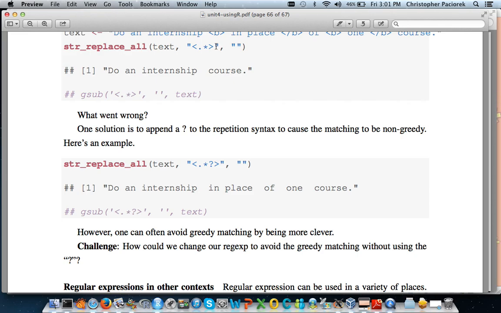So I think that should work because that says this can be anything in here except one of these. So when I get to one of these, it wasn't matched by being in here. It's just matched by being at the end. So with the greedy matching, sometimes you can use this, but sometimes you can come up with a more elegant way to get around it.